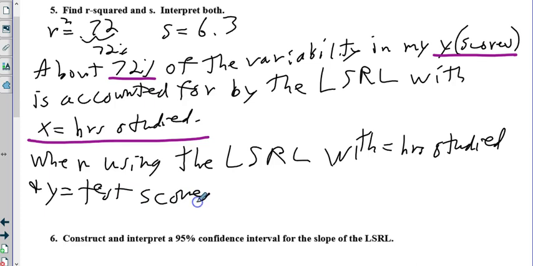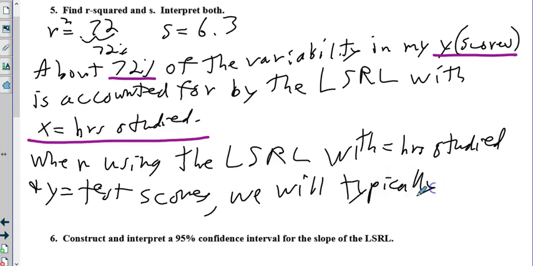Get the gist. We will typically be off by about 6.3 points.